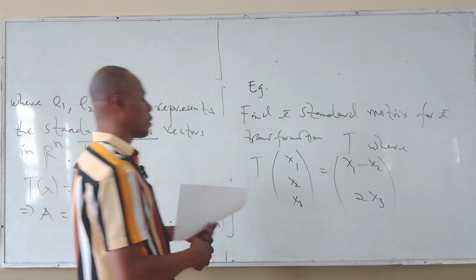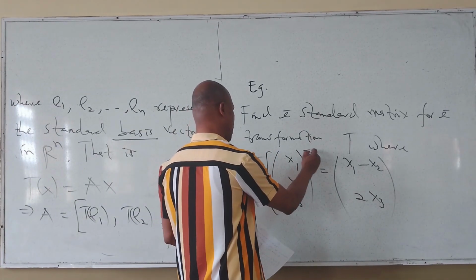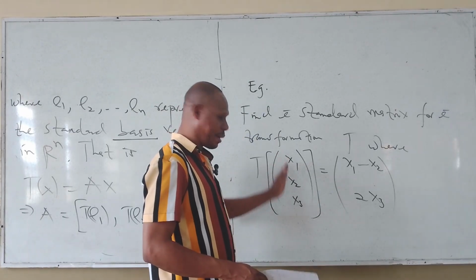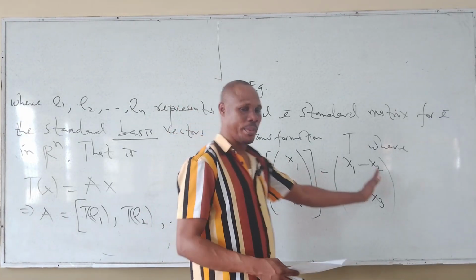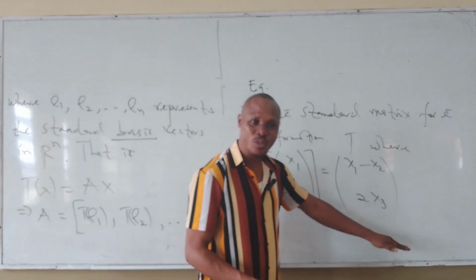Okay, good. So it's a map. You see that the elements here go from 3-dimensional to what? 2-dimensional.